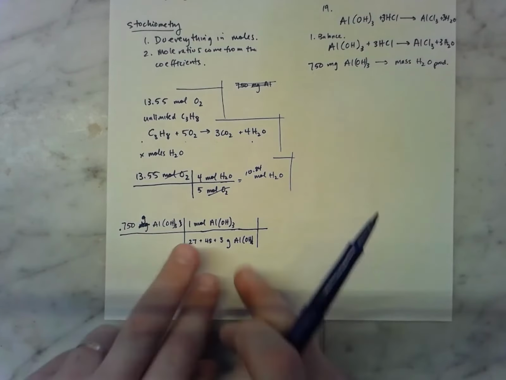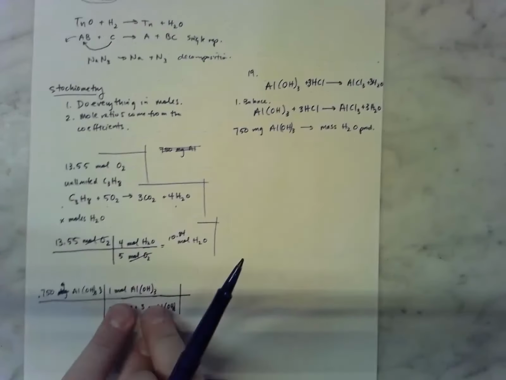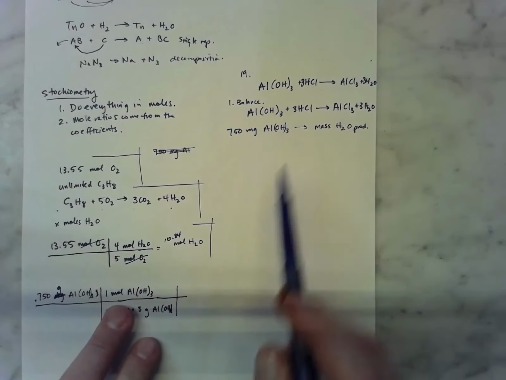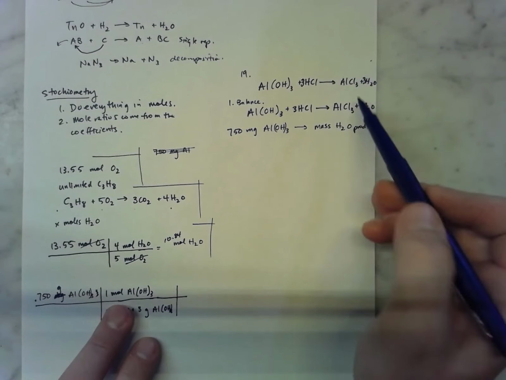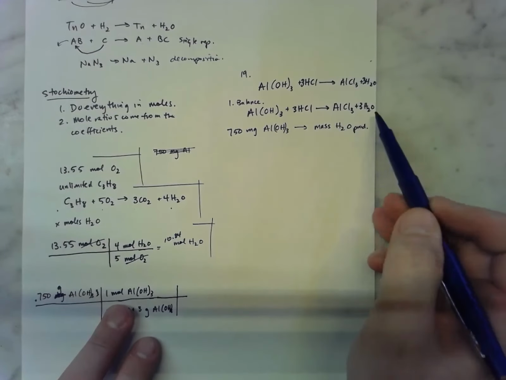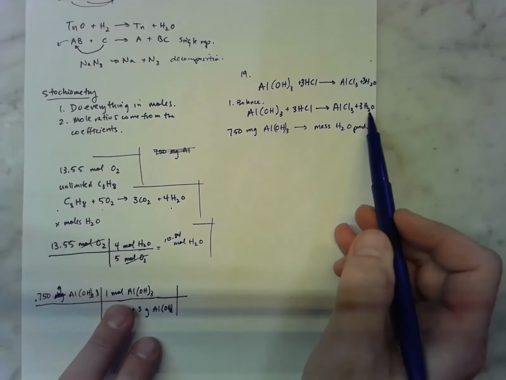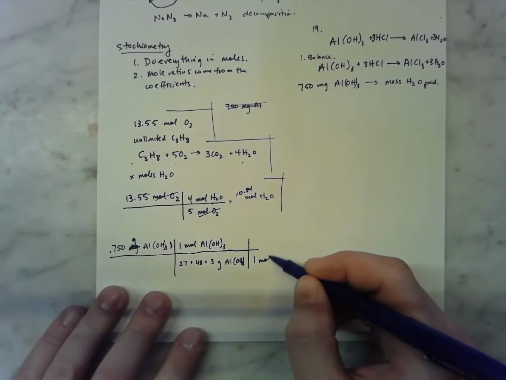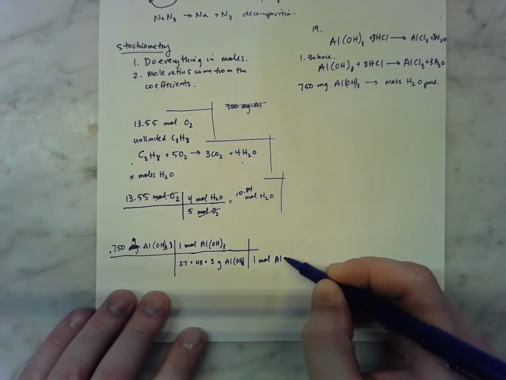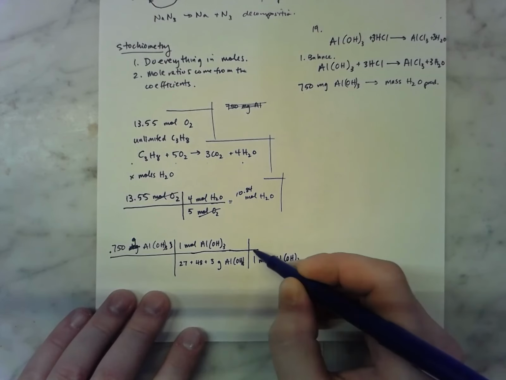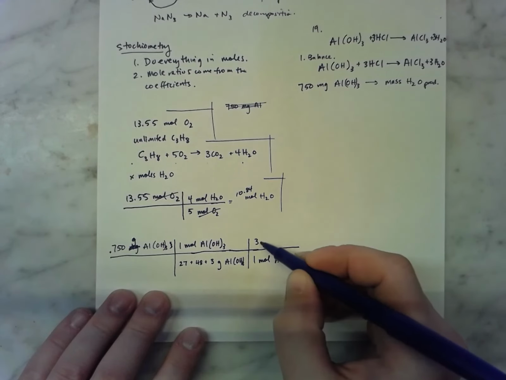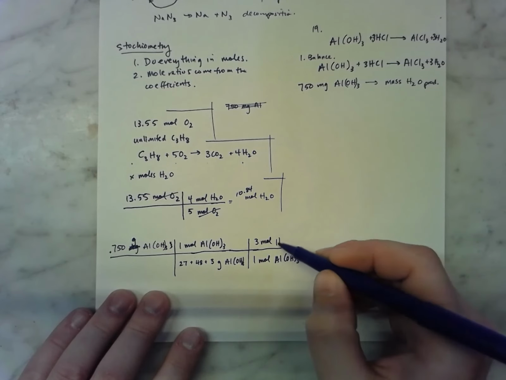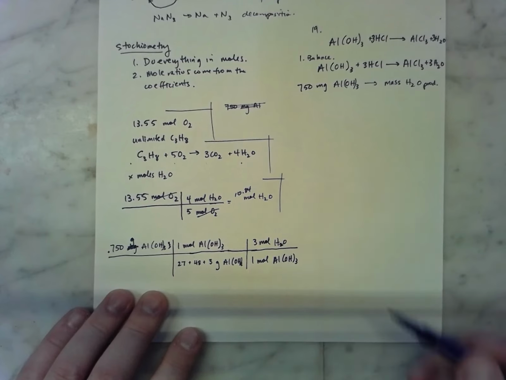All right, so now for each mole of AlOH3, what are we trying to do? We're trying to get to water. For each 1 mole of this, we've got 3 moles of that. So now we're going to say 1 mole AlOH3. We're going to have 3 moles of water produced.